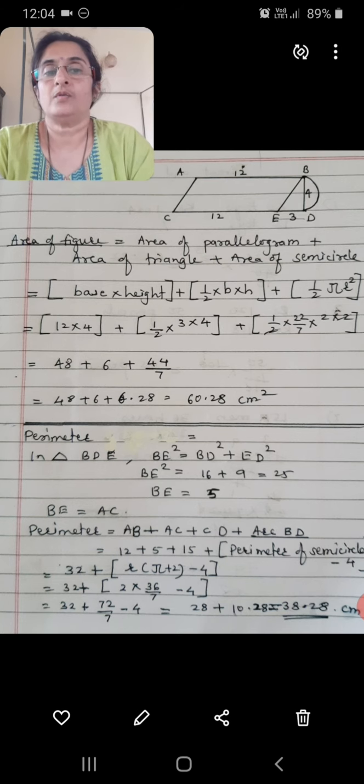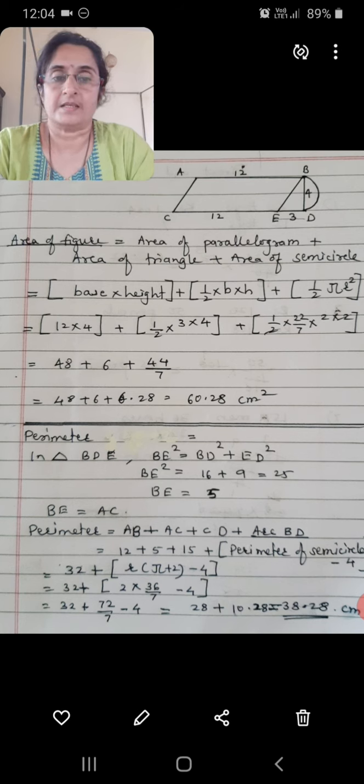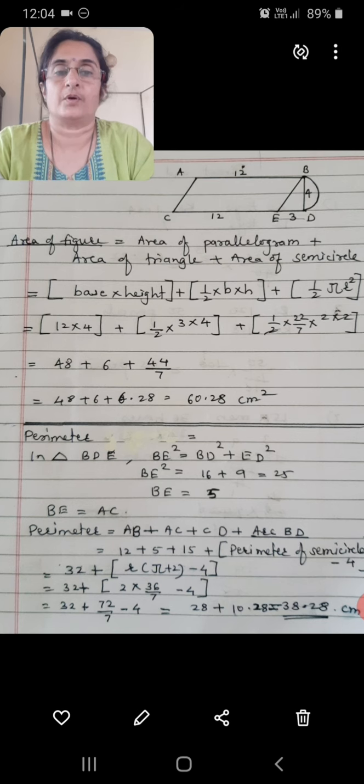So we know now BA is 12 centimeter. AC we got as 5 centimeter. Then base CE is 15 centimeter, that is given. Then the arc of that semicircle. To find out the arc, what are you going to do? We are going to find out the semicircle's perimeter, and from that we are going to subtract that length 4, because that is inside, it is not outside.